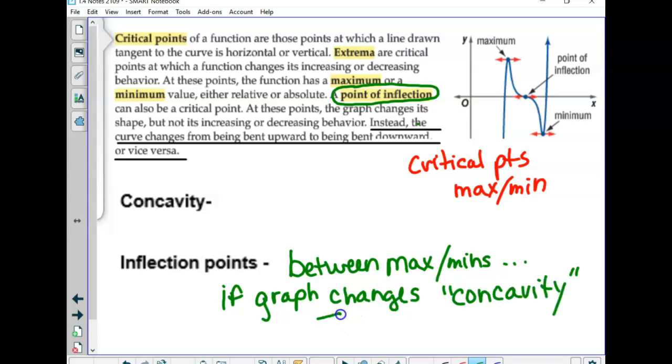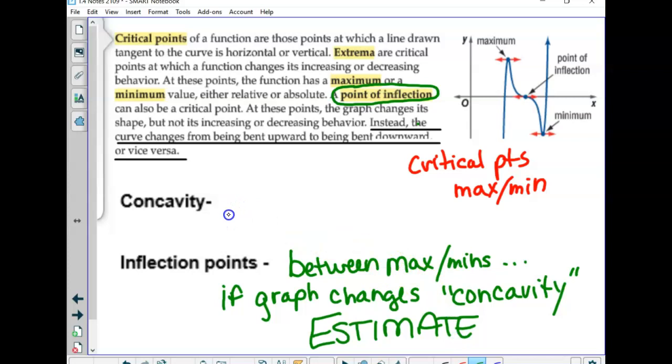When we do inflection points, we estimate. The only way, is that how you spell estimate? Okay. The only way to accurately find an inflection point is with a derivative in calculus. So I just want you to get used to the idea of an inflection point. Now, what does it mean?